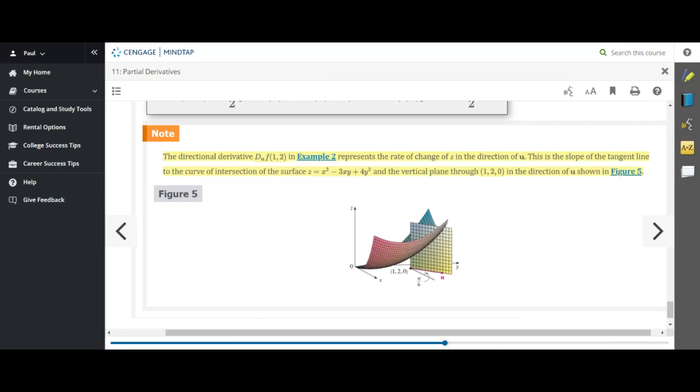Well, I think the picture is pretty clear. The function is increasing in the direction of that vector u. And the slope of the tangent line at the point 1, 2, 11 is equal to the value that they gave above.